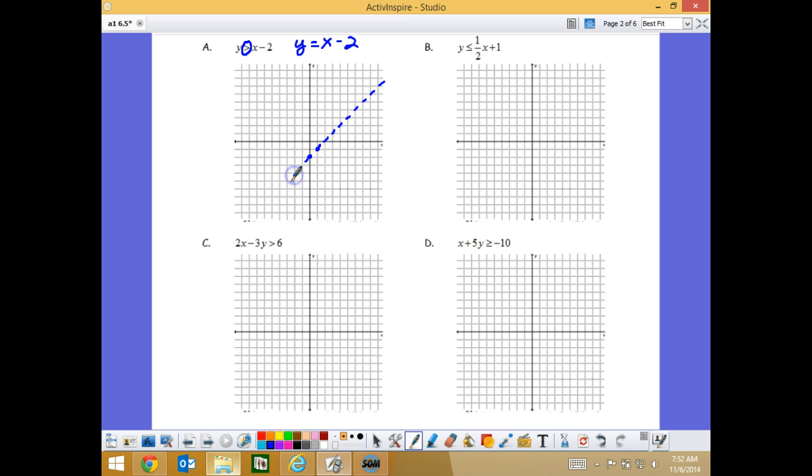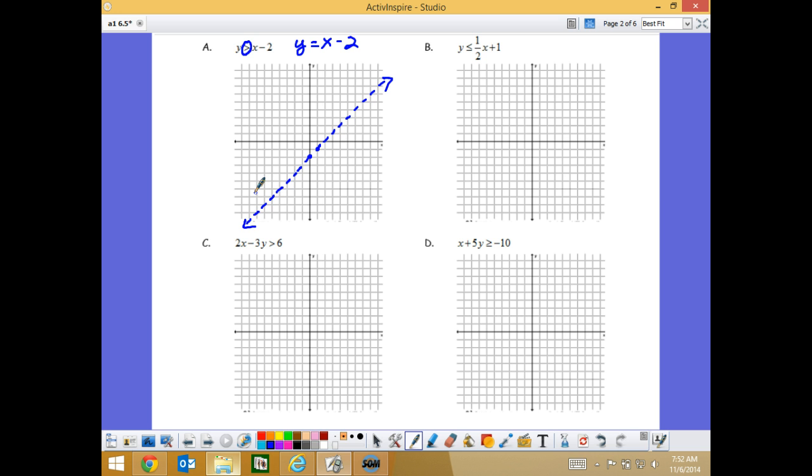And what that means is that the points on that line are not solutions to this inequality. For example, the point 0, -2: if we plug -2 in for y and 0 in for x, that would not make that inequality true. But something very, very close to this line does make it true.